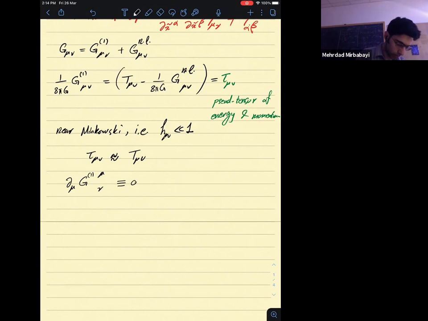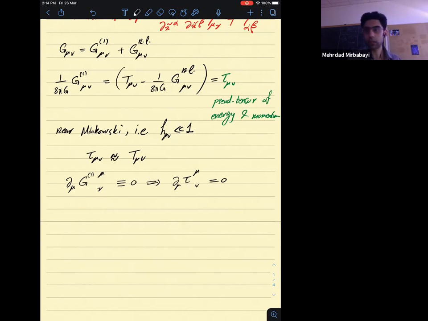This G1 mu nu is still linear in h mu nu. So this is identically conserved, which implies that also d mu tau mu nu is equal to 0 when the equations of motion are satisfied.